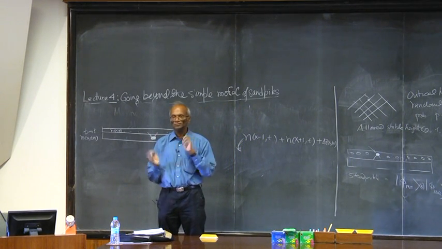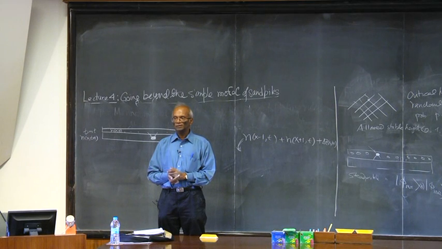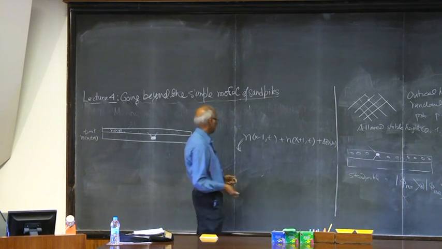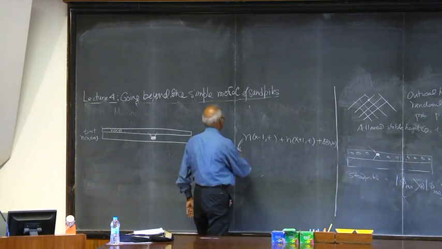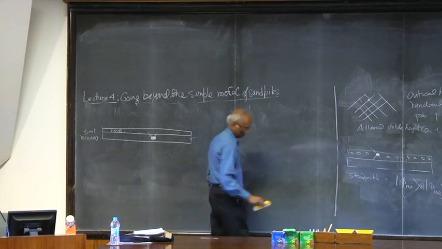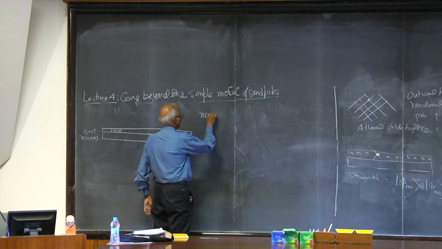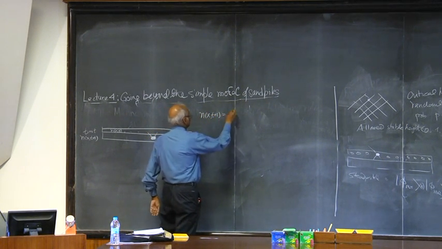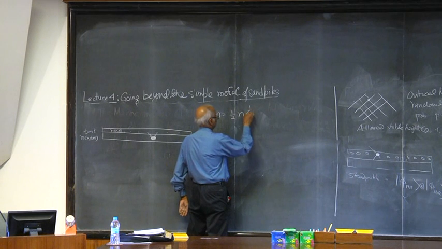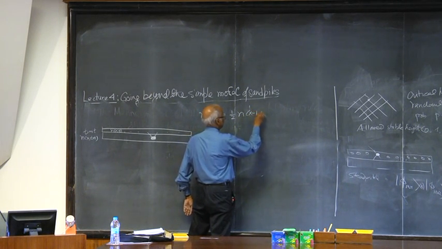And so, I can evolve these avalanches and I can see how they work, and so I have an equation: n(x,t+1) is equal to 1 upon 2 n(x-1,t) plus the other neighbor, plus noise.